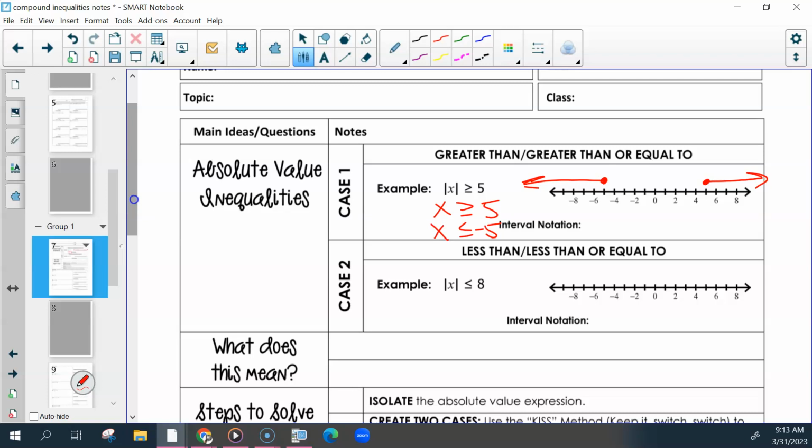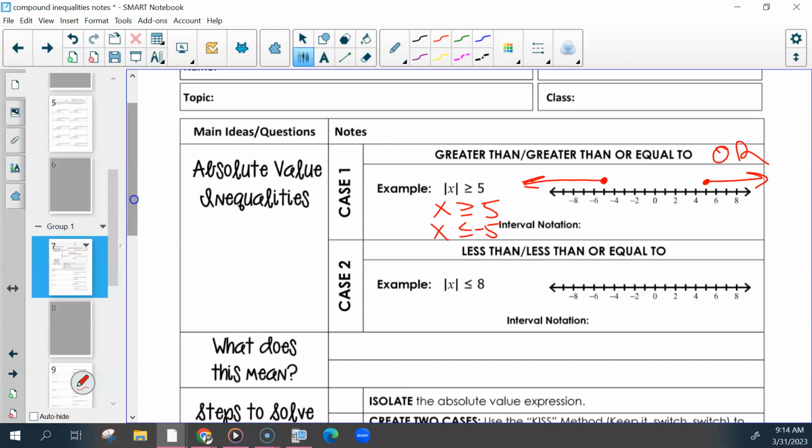So when we have greater than or equal to absolute value inequalities, they will become OR inequalities, where they will graph apart. What's also nice about absolute value is that the signs will be the same, so they'll either both be brackets or both be parentheses.